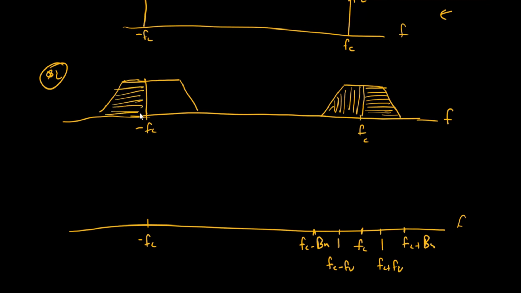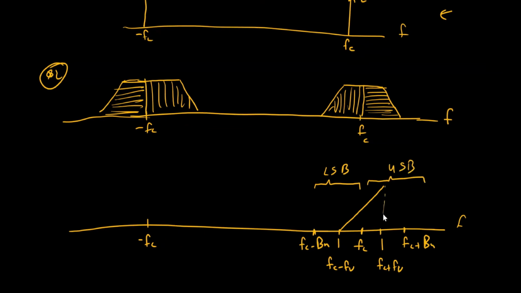Again, the upper sideband and the lower sideband. We make a transition from the lower sideband. This is our lower sideband. So we construct a filter such that we start somewhere in the lower sideband, and we go up to some point in the upper sideband.